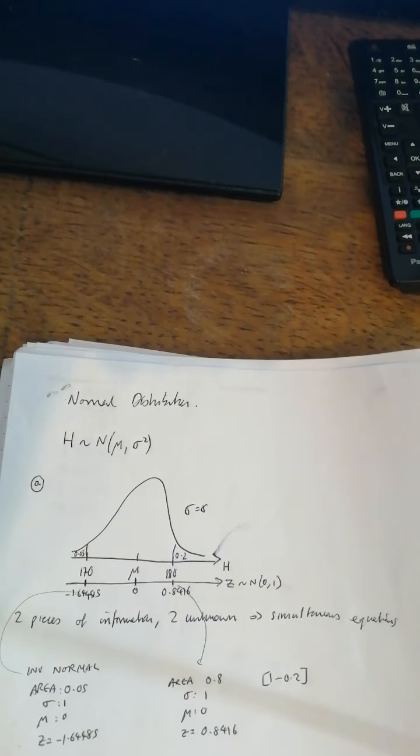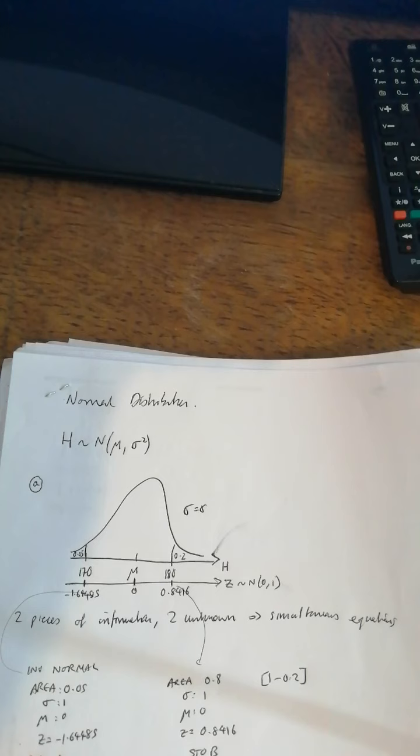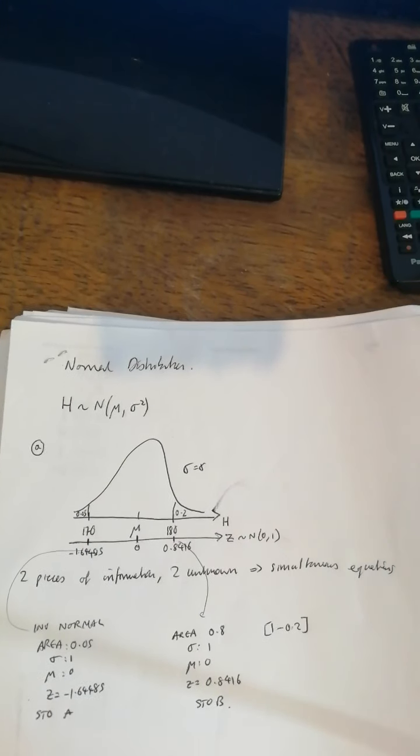I'm going to store that as B, and go back and store the other one as A. Just a little calculator trick.